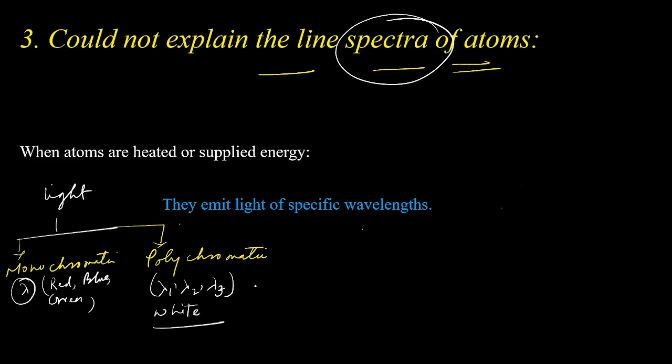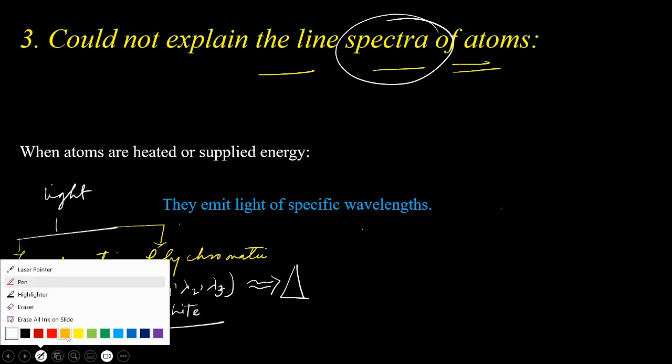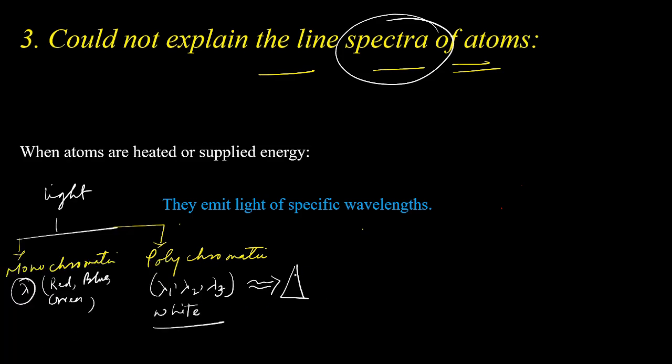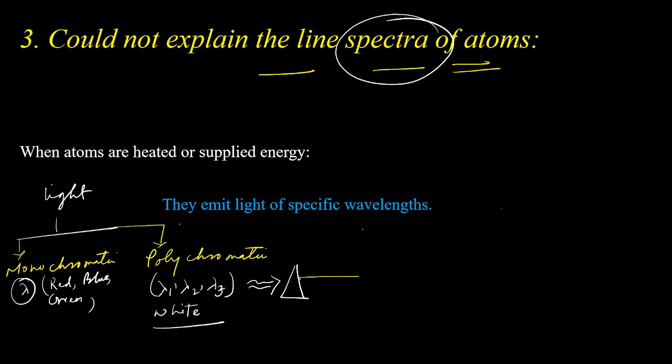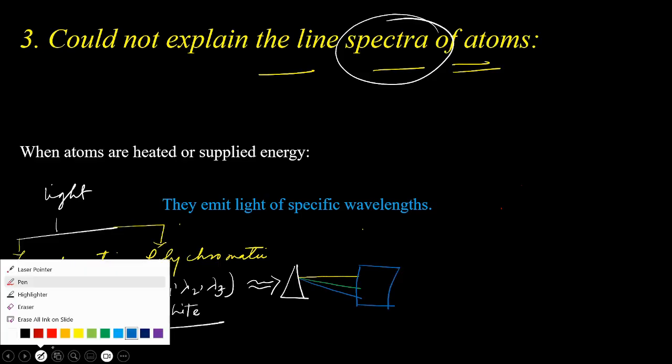When white light is made to pass through a prism, it passes through the prism and gets separated into different types of light. If those lights are arranged to fall on a screen, different types of lights are observed, right?